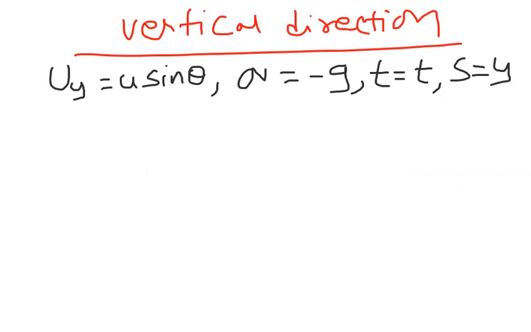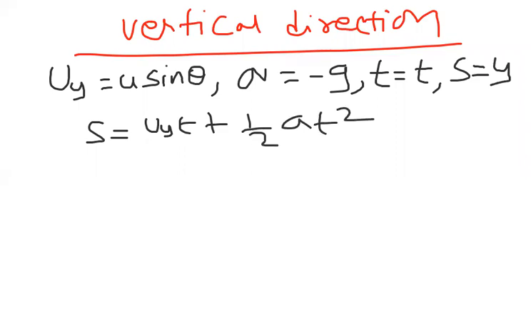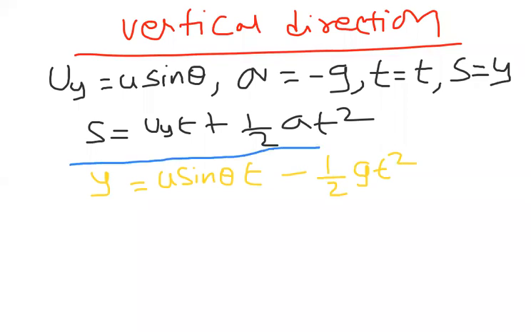From the diagram we got this information, and we know that s equal to uyt plus half at square is my formula. Substituting here, in the place of s, y; in the place of uy, u sin theta into t; and a value of minus half gt square. So this is my equation number 2. Remember these two equations.